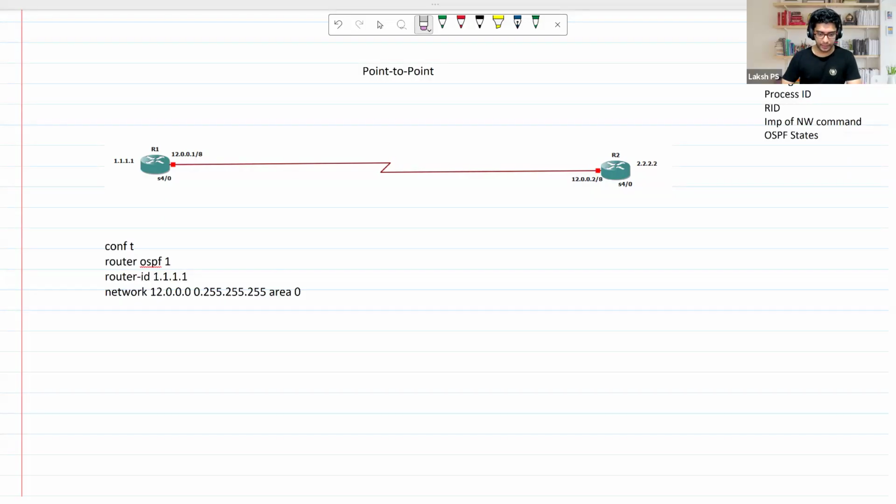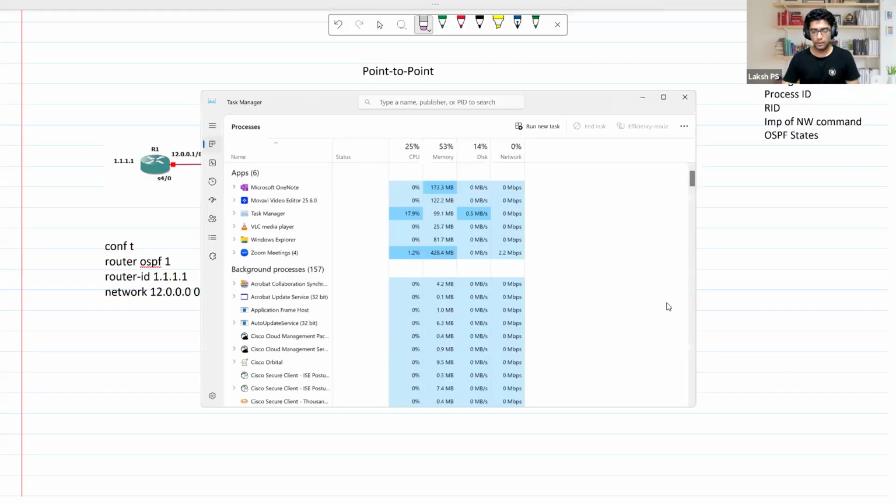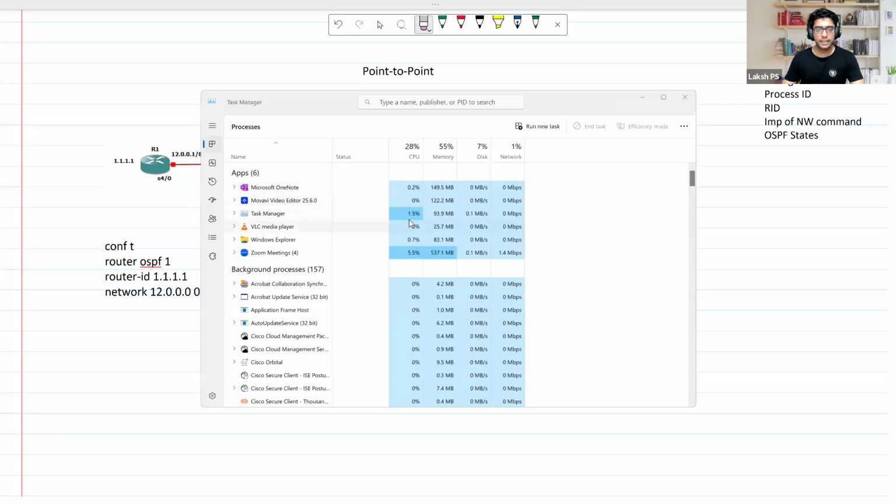So for that, let me open my task manager. You can see here that these are the processes that are running on my system, right?